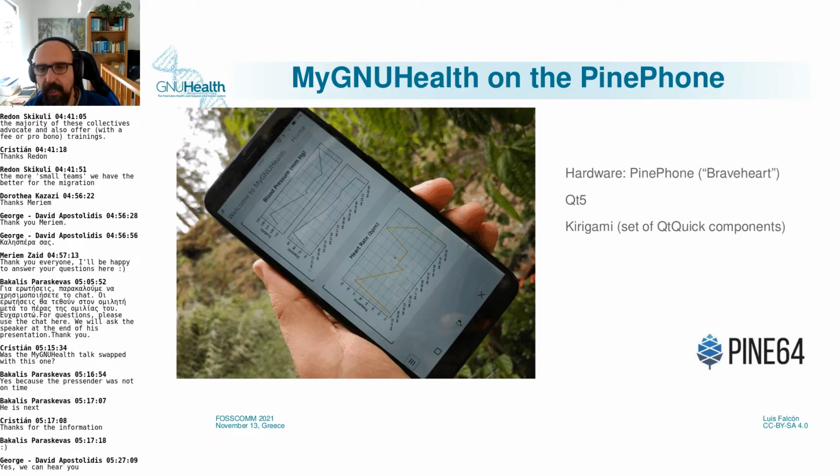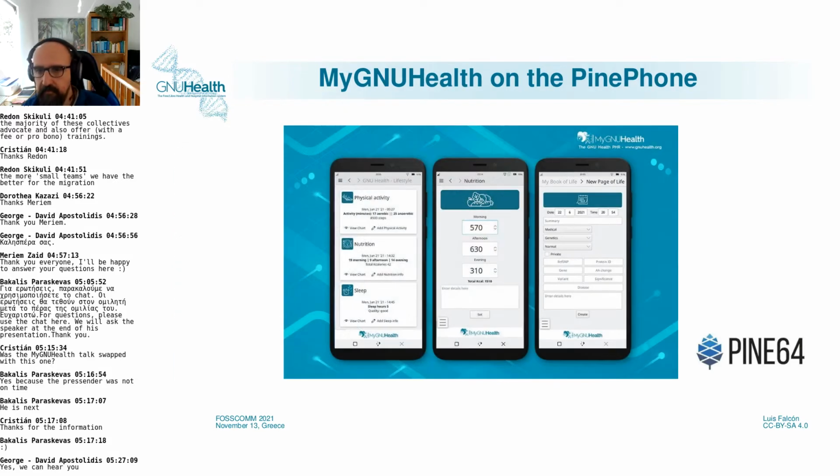And here you have MyGNUHealth running on the PinePhone. PinePhone is a free mobile phone, right? Some other screenshots deal with lifestyle, physical activity, nutrition, sleep quantity and quality, and so on.